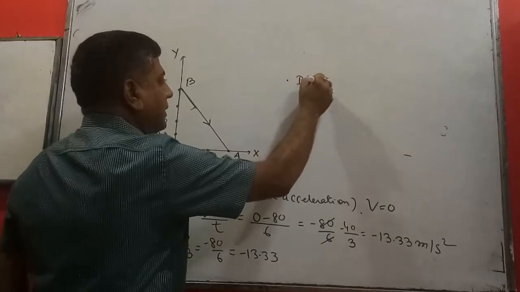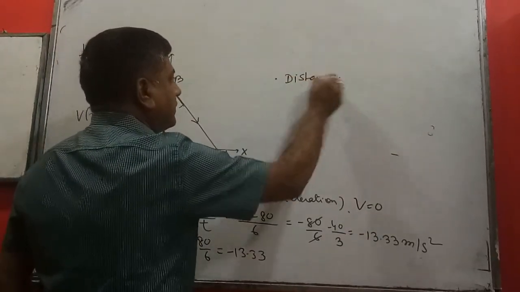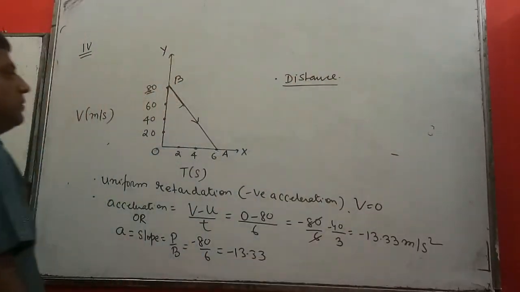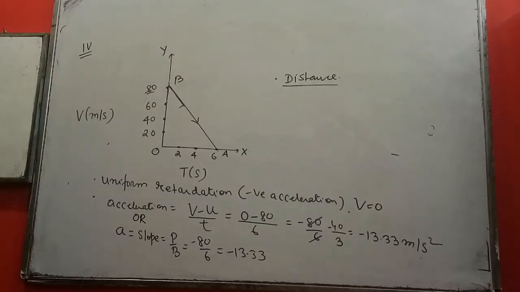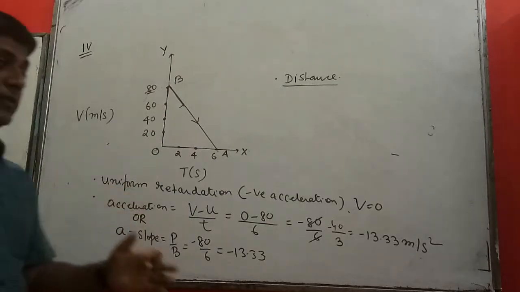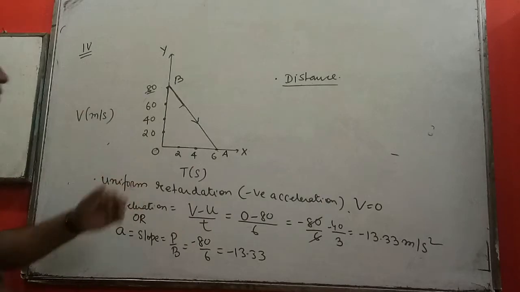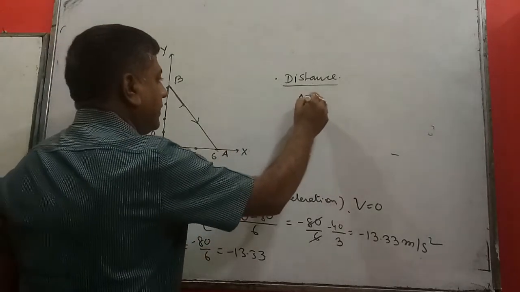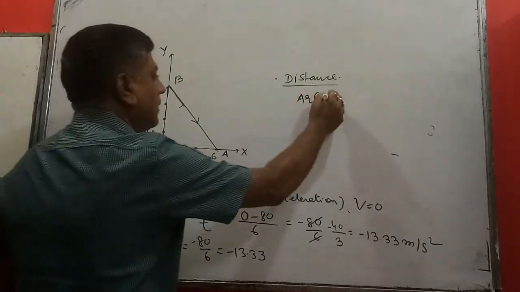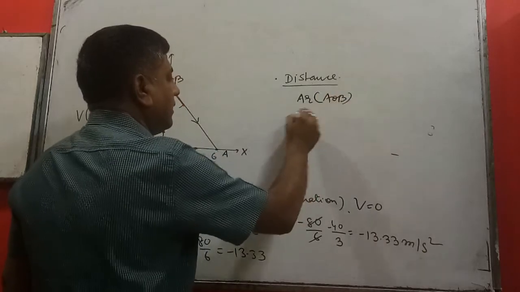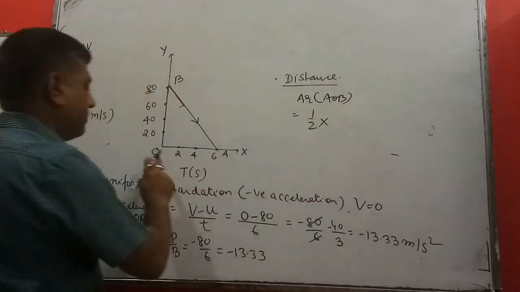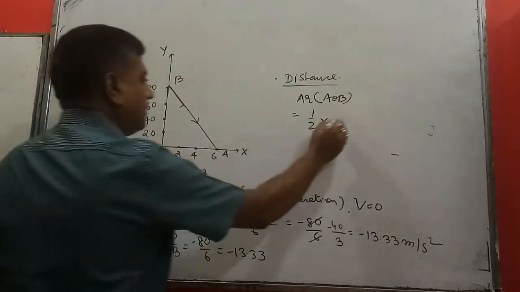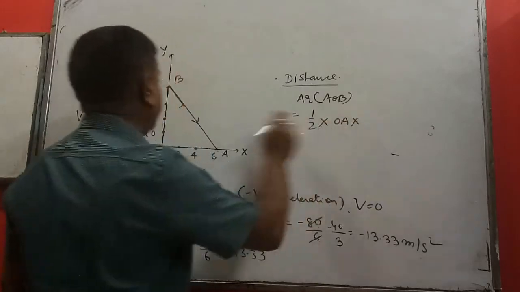And again, my last concept is what? What is the distance here? If I ask you distance, so area under the v-t graph is what? Distance. So distance is what? Area of triangle AOB. Half base is what? Say OA, and height is what?